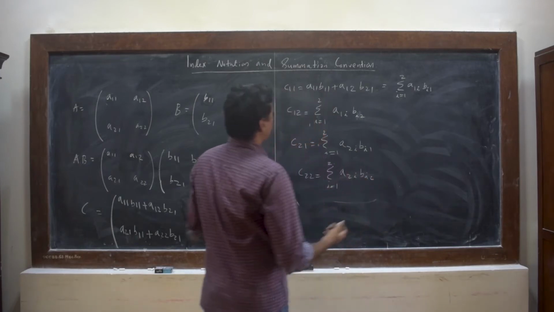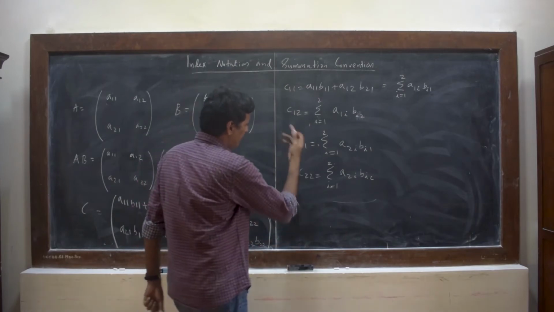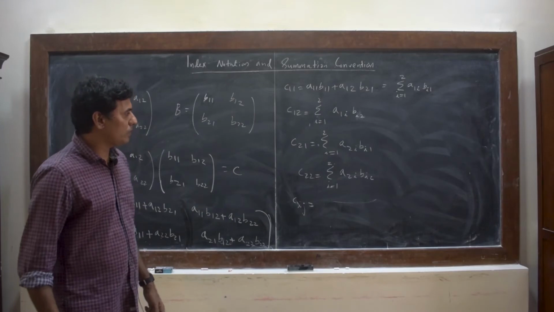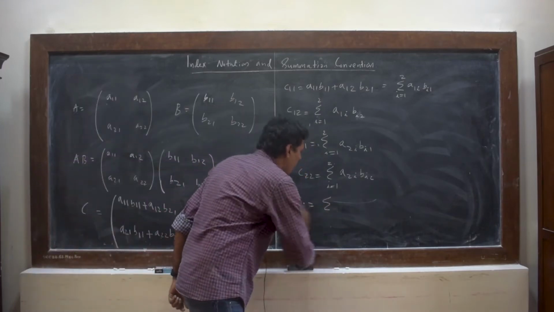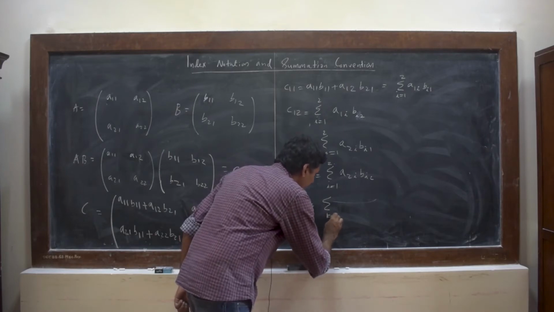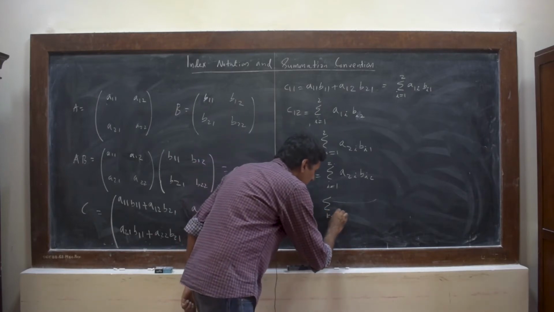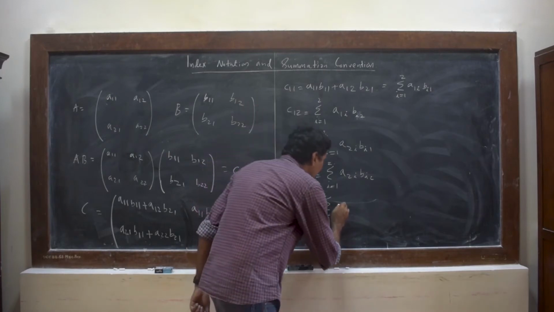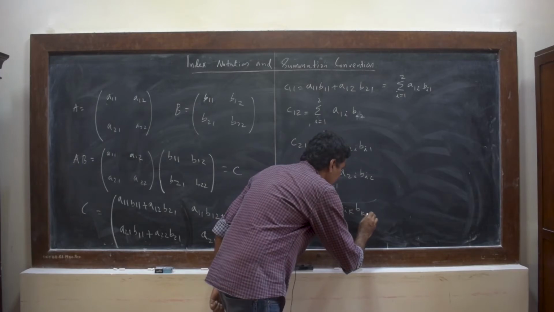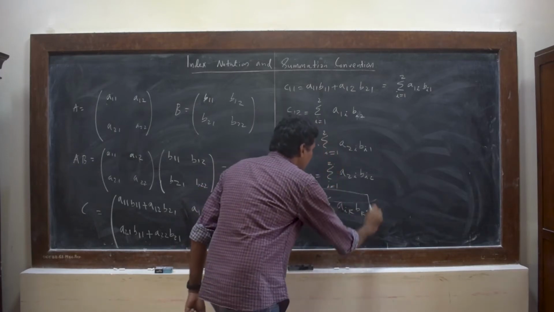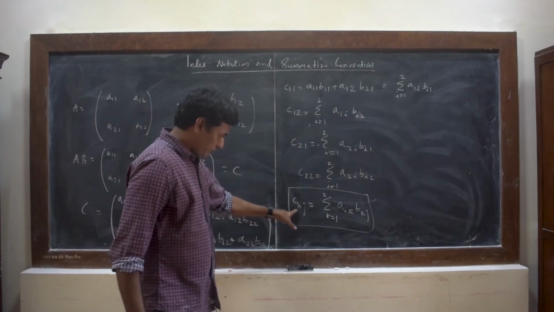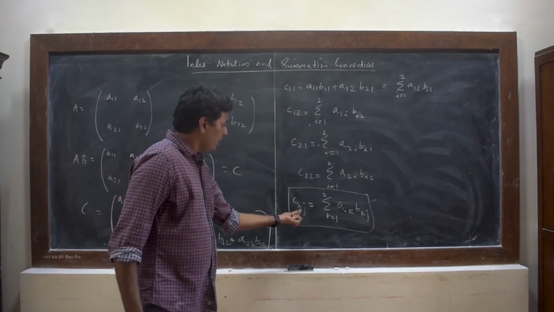Or you can write in general Cij. Your Cij is going to be equal to summation over some k, which is equal to 1 to 2, of Aik Bkj. These will be the elements of Cij. i can take values 1 and 2.